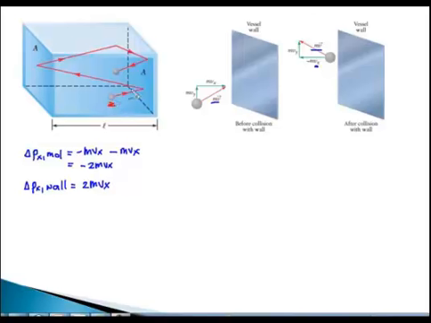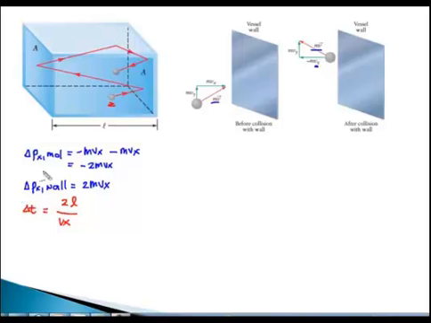Now, the time taken by this gas molecule to move from here to here and back here is what we call delta t. This is the time elapsed between collisions of the same molecule on the same wall, and that is twice the length of the rectangular box divided by the velocity at which the gas is moving in that direction.